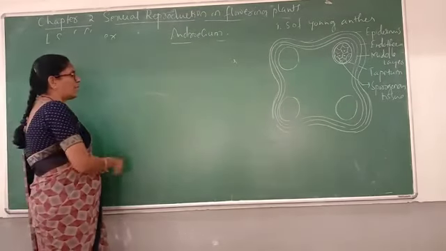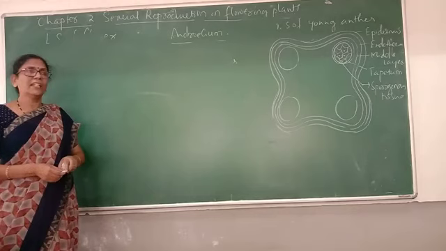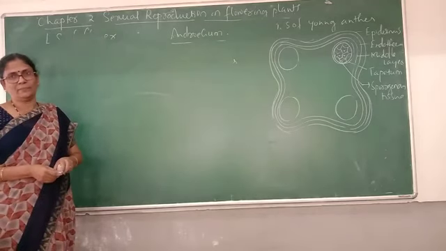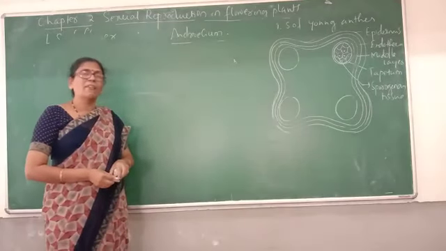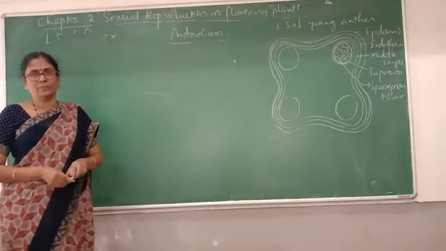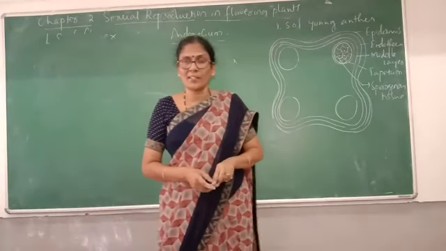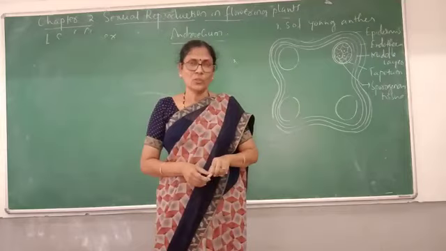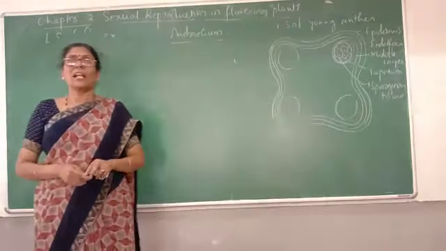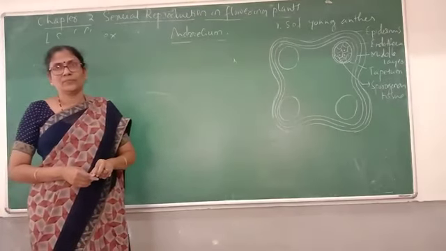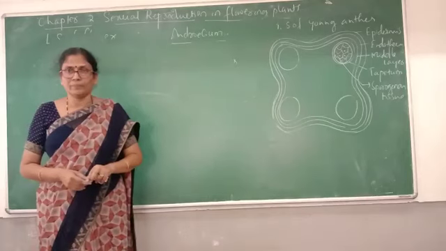The outermost layer of the pollen grain is called the exine and the inner one is called the intine. The exine is not smooth, whereas the intine is smooth. The exine is deposited with a hard substance called sporopollenin, which is not usually degraded by any chemicals, alkali or acids. That is why pollen grains can be stored for a long time.